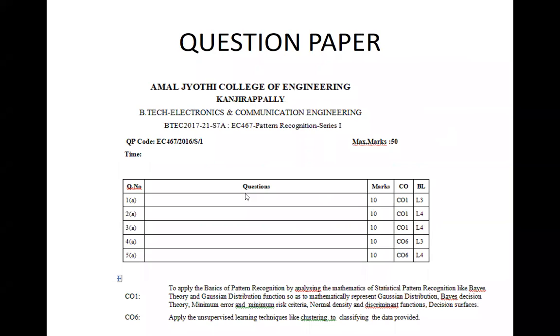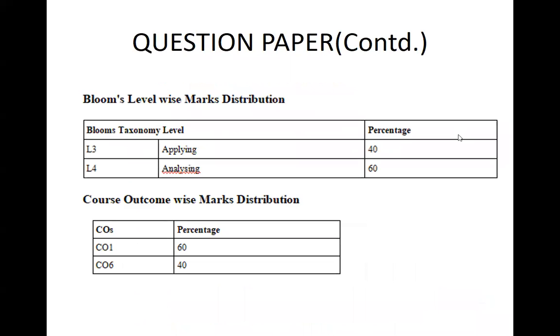Then there is a method of setting our question paper also based on the course outcomes and the Bloom's level. So according to the engineering standards as described by NBA, the Bloom's level should not drop below level 3. So level 3 is applying, level 4 is analyzing.